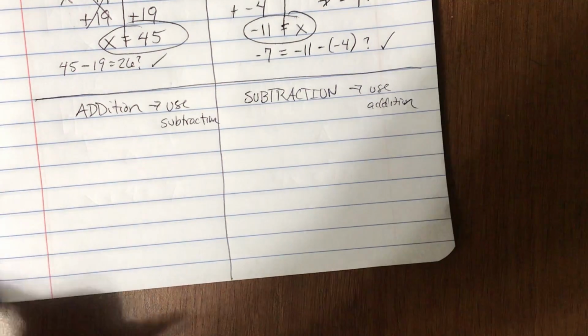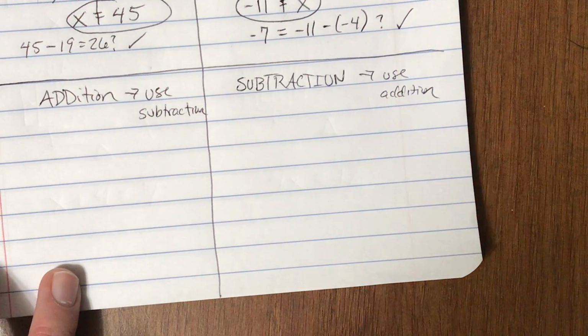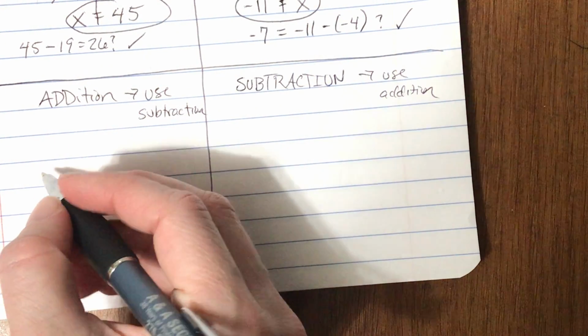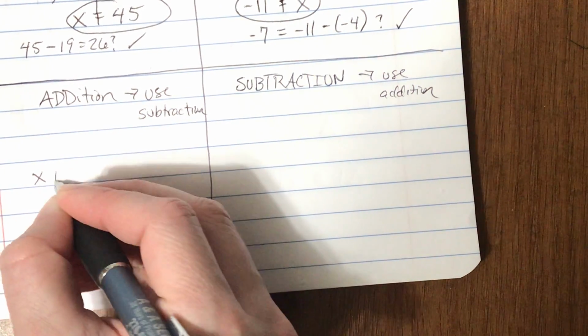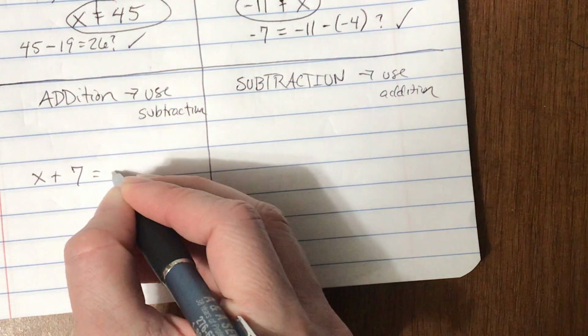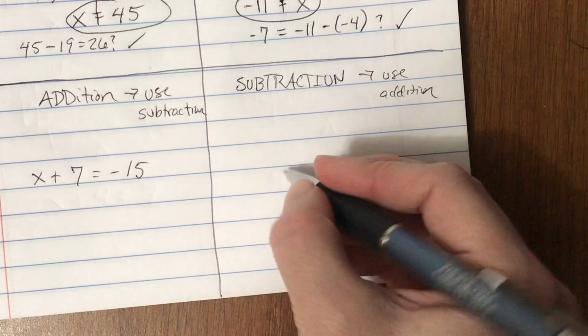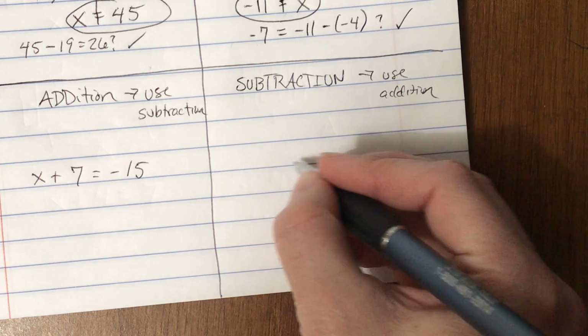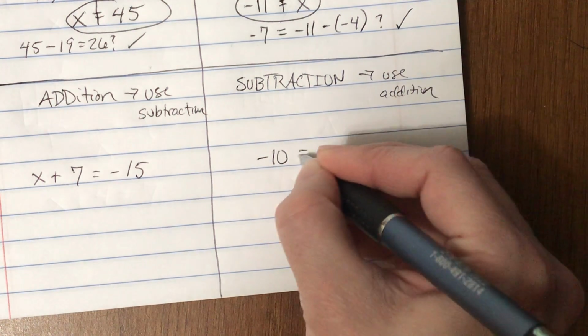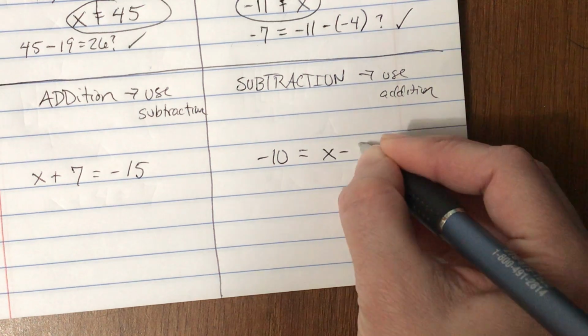All right, so let's try one. So for the addition equation, I'm going to give you x plus 7 is equal to -15. And on this side, we're going to do -10 is equal to x minus 5.